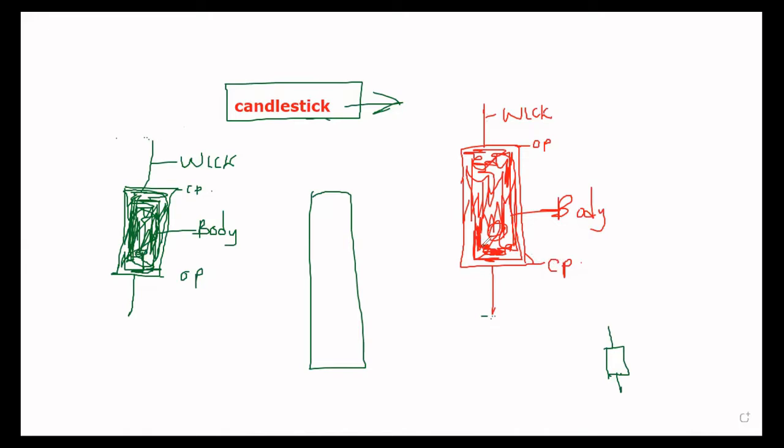So the wick means there's a fight between the buyers and the sellers. Whenever you see a wick on the market, this usually means there's a fight between the buyers and the sellers. The sellers push the market down, then the buyers come in and push the market up. During those moments, we will normally have wicks.